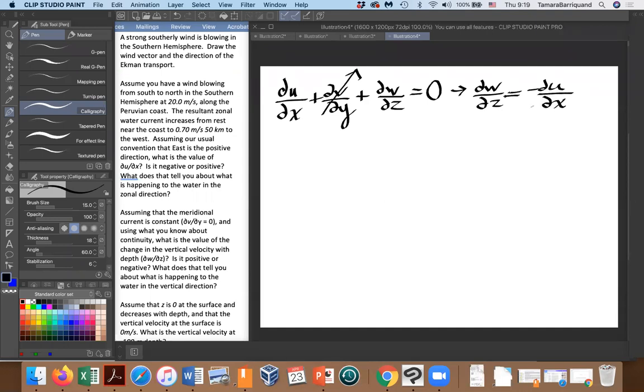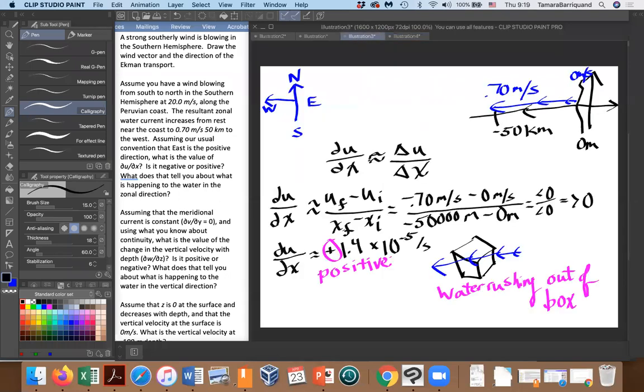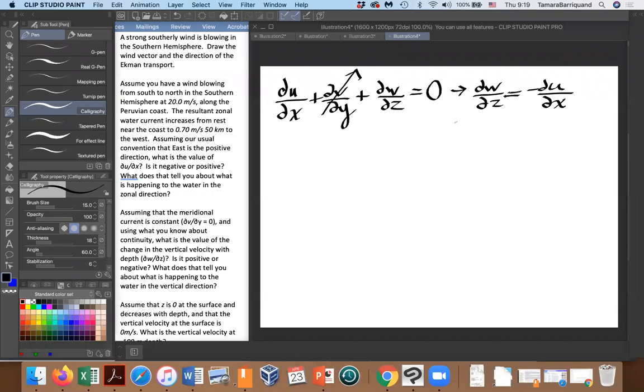All right, so if we go back to what we had here, we saw that du dx was equal to positive 1.4 times 10 to the minus 5th per second. So that means that dw dz must be equal to a negative 1.4 times 10 to the minus 5th per second.